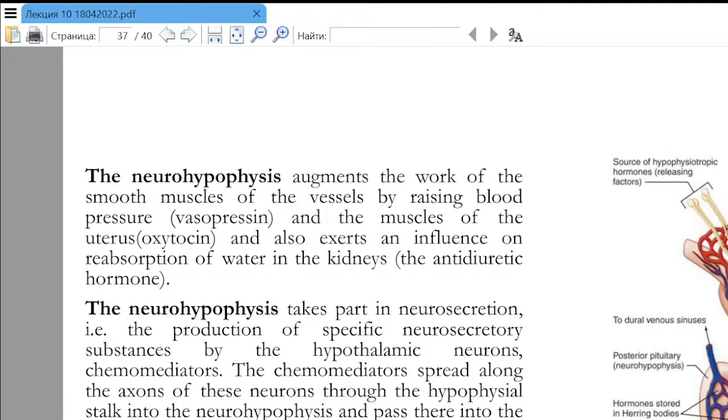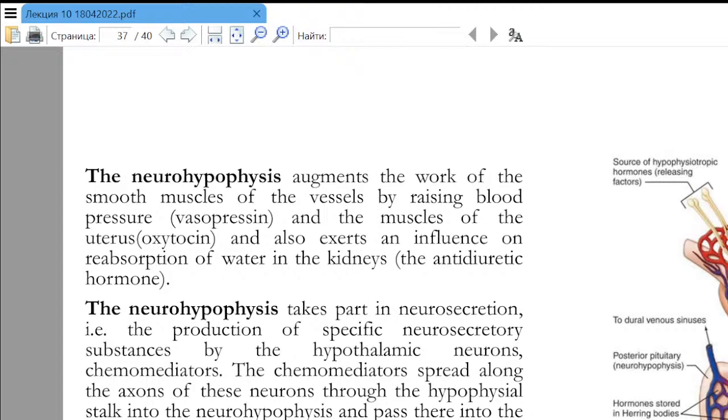The neurohypophysis augments the work of the smooth muscles of the vessels by raising blood pressure, vasopressin, and the muscles of the uterus, oxytocin.